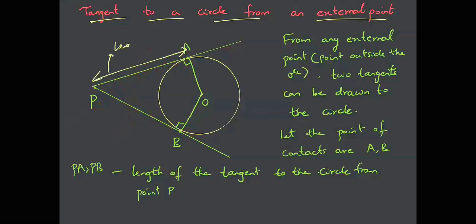So this is the length of tangent from P to the circle. From any external point you can draw two tangents, and this is called the length of the tangent from point P to the circle.